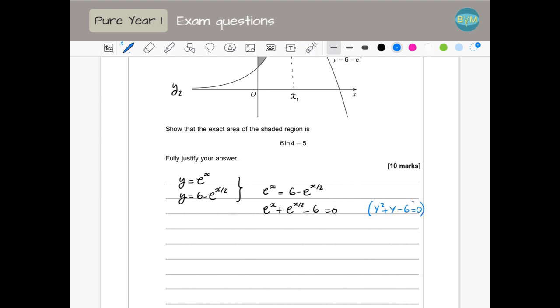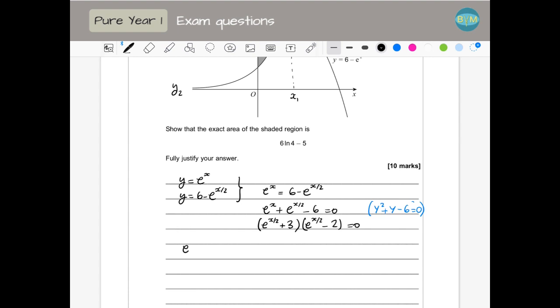So it's a quadratic. If we factorize that quadratic, we have 3 and minus 2, right? So we are going to have e to the power of x halves plus 3 and e to the power of x halves minus 2 equals 0.